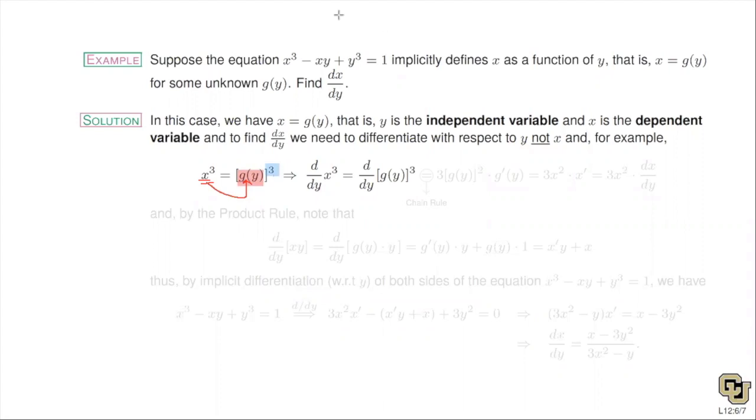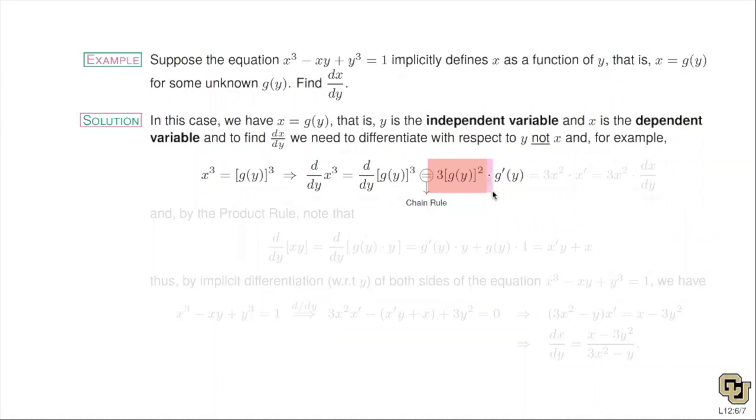So when I now want to find the derivative with respect to y, because this is a composition of functions, we're using the chain rule. I'm doing the derivative of the outside. The derivative of something cubed: we bring the 3 down and subtract 1 from the exponent, so it's 3 g of y squared times the derivative of the inside.